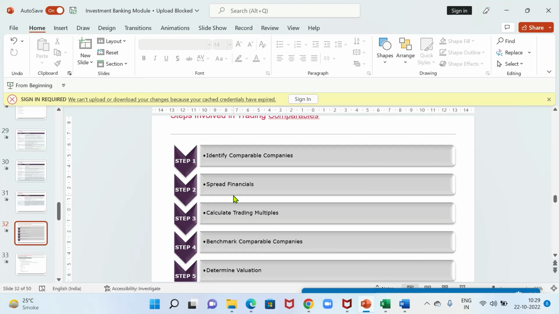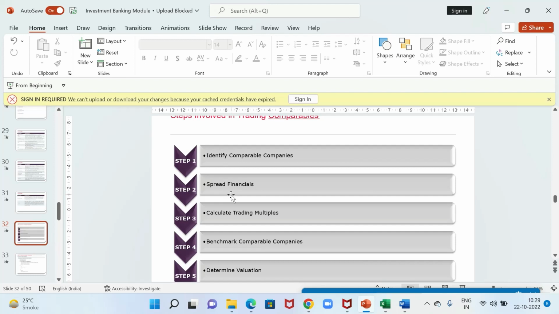But once you are working for a bank, you will have access to various databases. There are a set of companies who actually maintain them. So we don't have a lot of time in that sense. We have to quickly go and also perform the spread for these companies. So identifying them using those databases is always advisable.